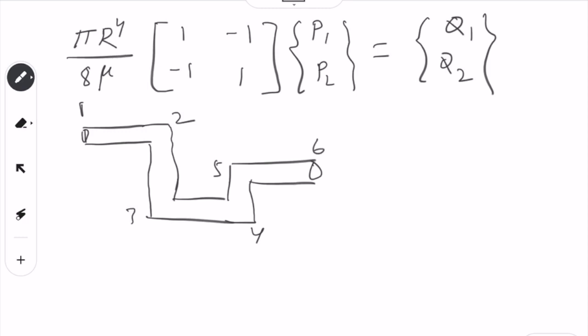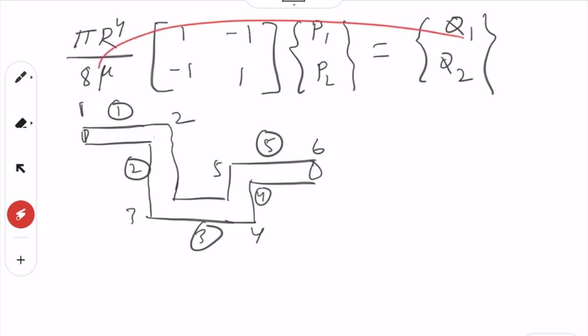So you can assume there is one pipe which is till here, then another pipe goes like this, a third pipe goes like this, a fourth pipe like this, and a fifth like this one. So you have element 1, this is 2, this is 3, this one is the fourth, this is the fifth. Then you formulate and you have this equation.